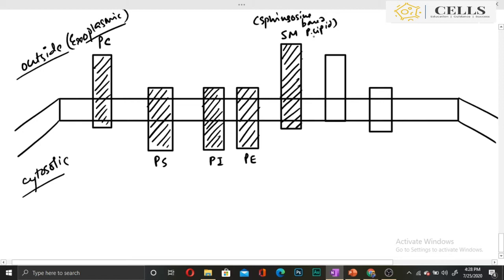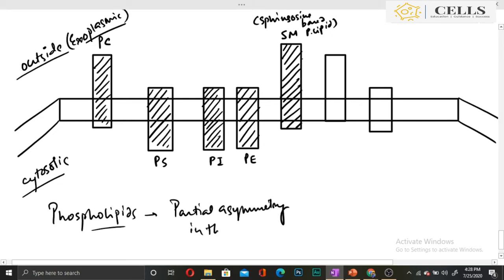So you can see there is a partial asymmetry, roughly 80% on the exoplasmic side and 20% on the cytosolic side, or 20% on the exoplasmic side and 70 to 80% on the cytosolic side. So these phospholipids have a partial asymmetry in their distribution.